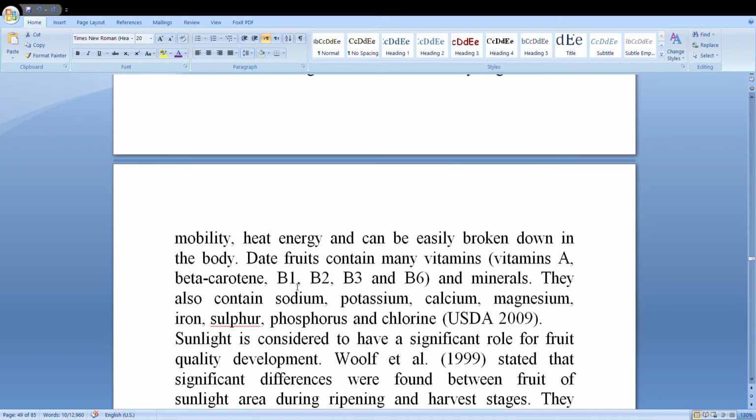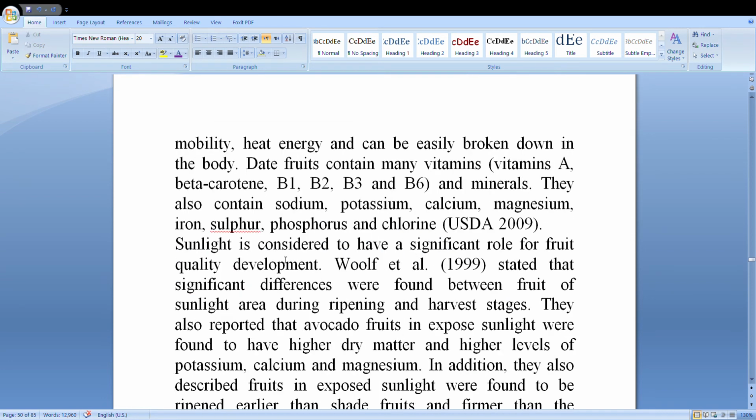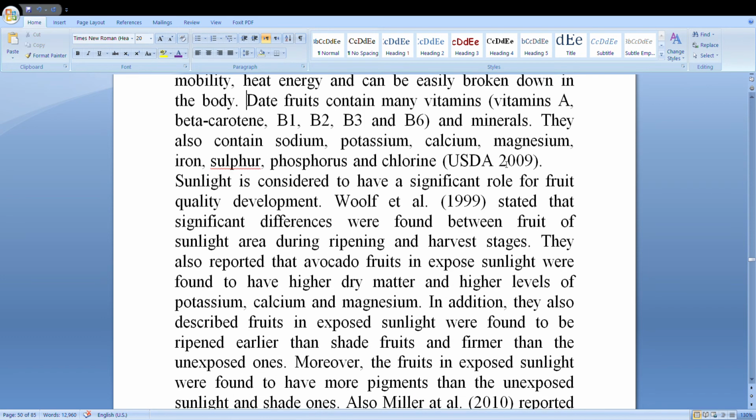So this is most important. Date fruits contain many vitamins: A, beta carotenes, B1, B2, B3, B6, and very high minerals. We also determined this and got a very good result. That's why date fruits are among the most important foods. They also contain sodium, potassium, calcium, magnesium, iron, sulfur, according to the USDA, the United States.